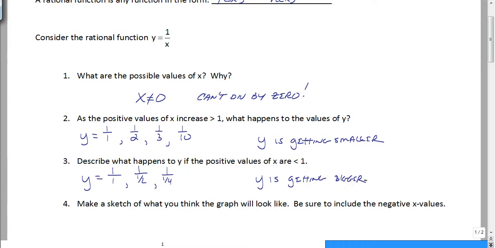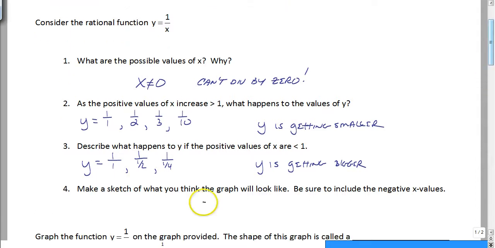So think about that for a moment. Make a sketch of a graph of what you think it'll look like, and be sure to include the negative x values as well. So if we were to take a graph, what do you think it would look like? I'm going to give you a moment to think about that on your own, and if you thought that it might look like this, you would be correct.